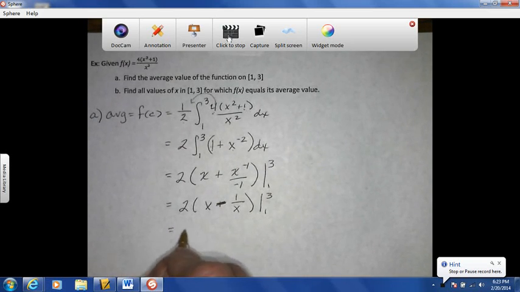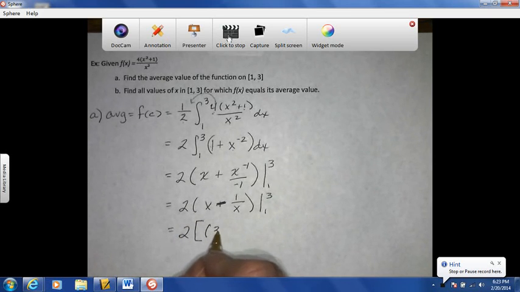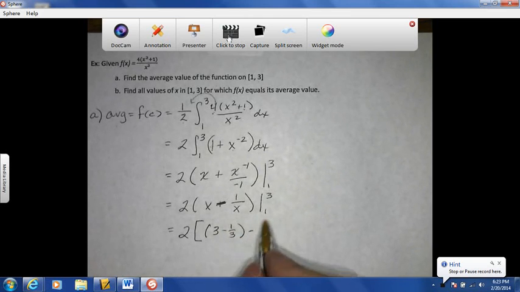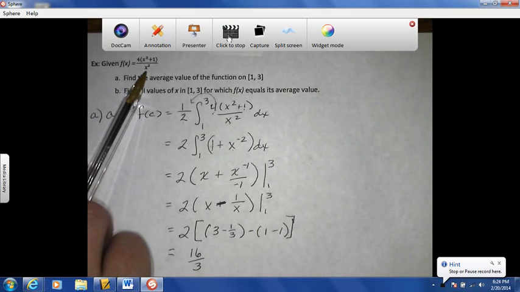Then we plug in the top limit of integration, so we'll have 3 minus 1/3, minus plugging in the lower limit of integration. Plugging in the 1, we get 1 minus 1, and that ends up being the value of 16/3. So what that 16/3 represents is the height of the rectangle that we would be able to find that would create the exact same area as the area under this curve.